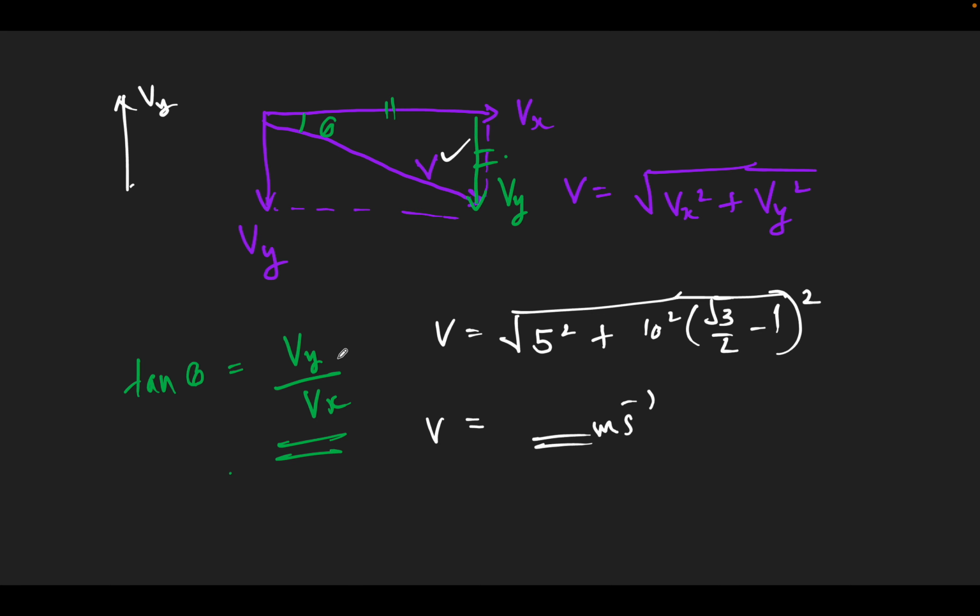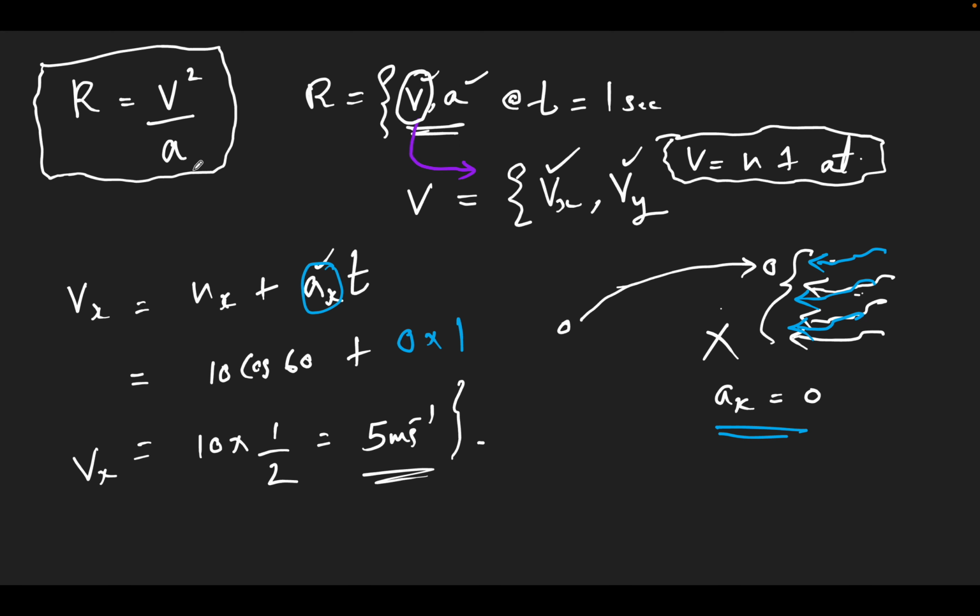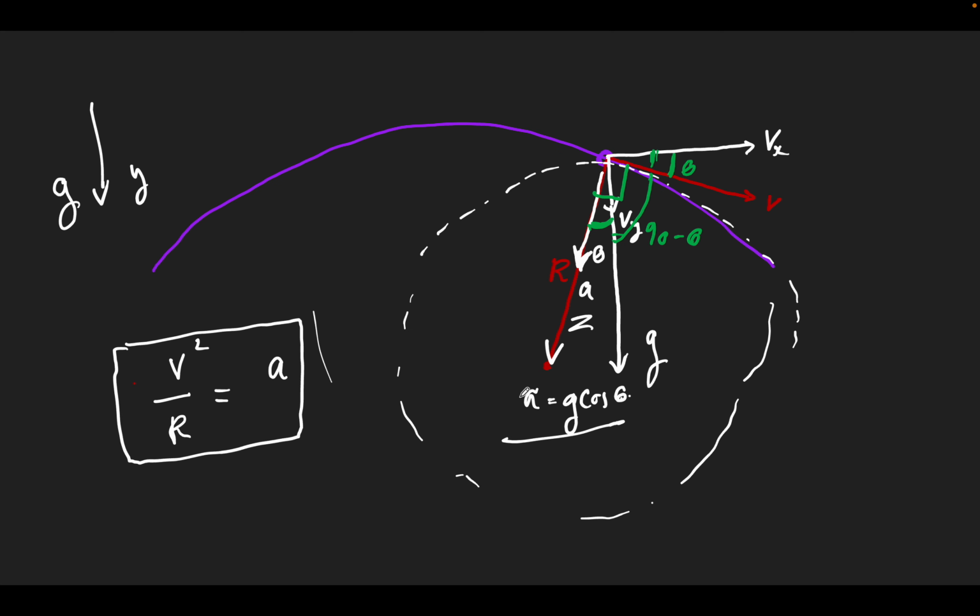Let me go back to the equation for radius. Radius is V square by A. Let me write it again. Radius is equal to V square by A, that is V square by, what is A? A is g cos theta, right?